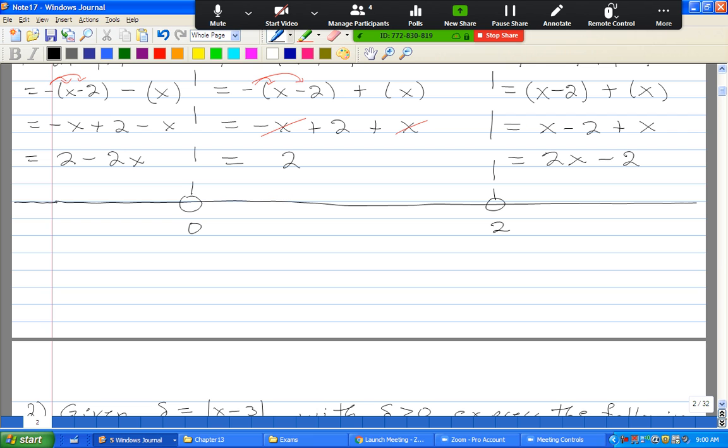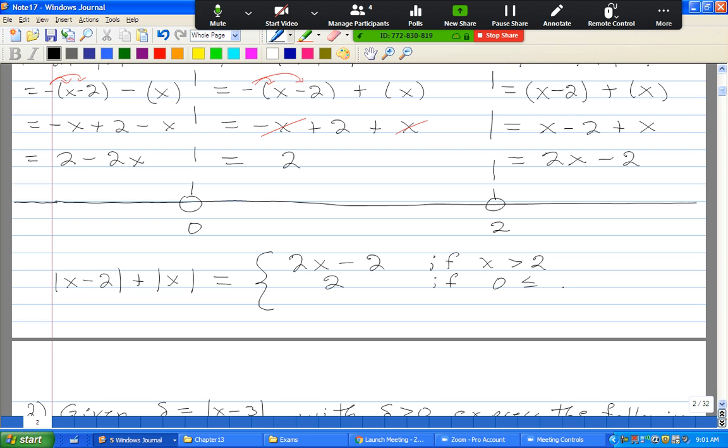And so I have that x minus 2 plus x is equal to 2x minus 2 if x is greater than 2. It's equal to 2 if x is between 0 and 2.